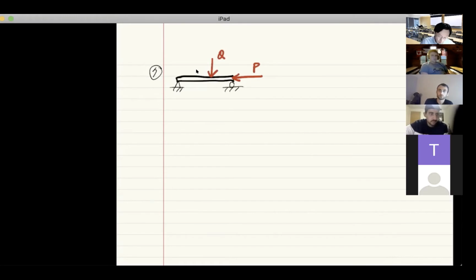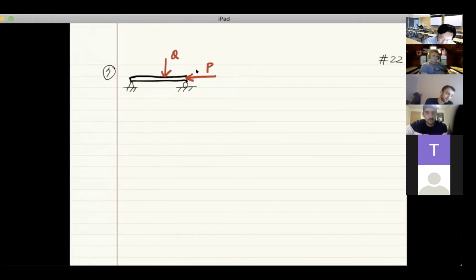We did this example. And what was the critical load? Of course, I know that's from your previous notes. You know from here, critical load is pi squared EI over L squared, right?